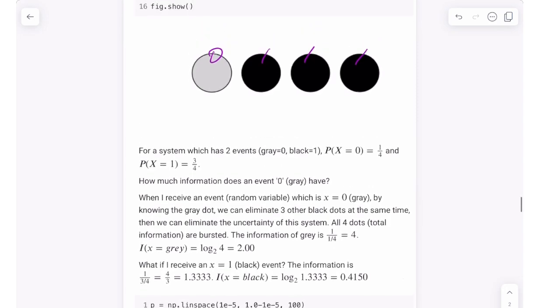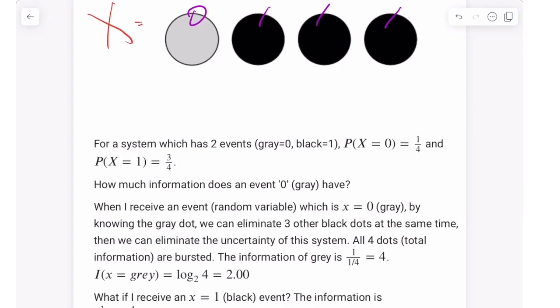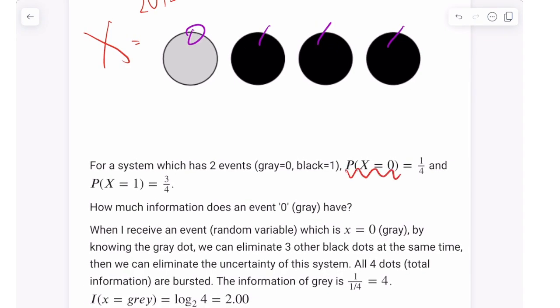Here we have an example. We have a big event, big X, and the event is 0 or 1. The probability is a little bit different. The probability of 0, which is the gray circle, is 0.25, and that of the other is 0.75.